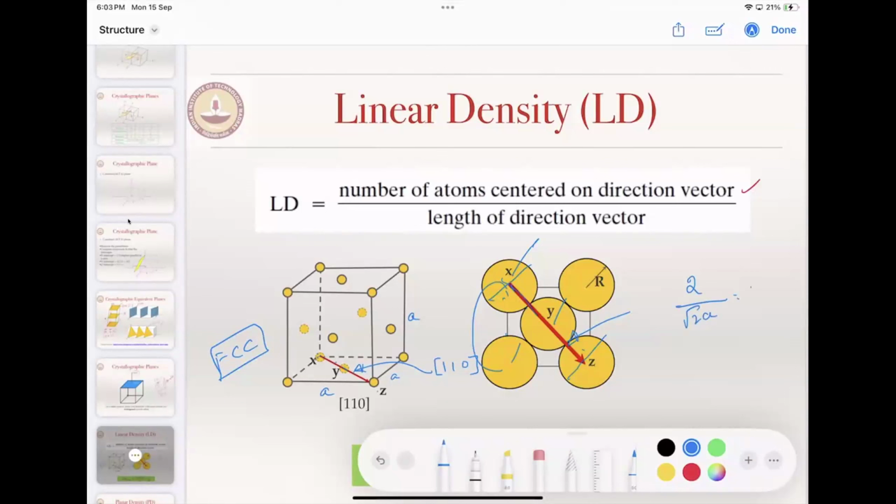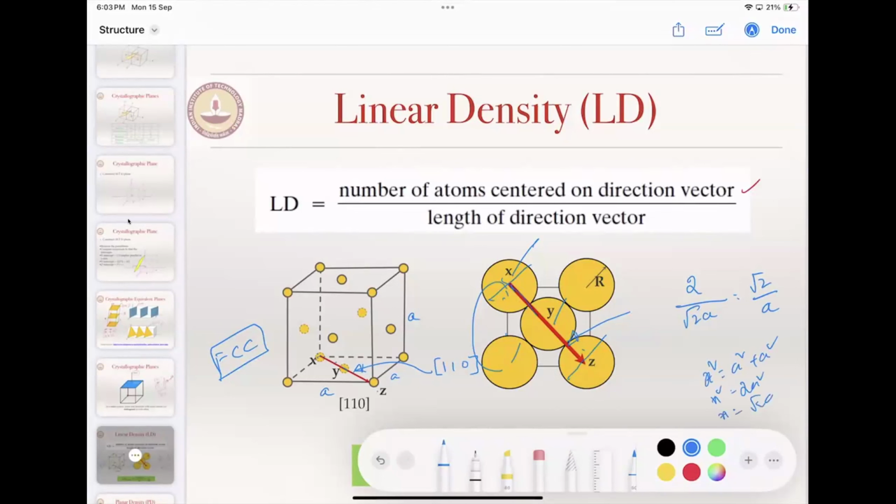So that means the linear density is 2 by root 2 a. The length x: x squared is equal to a squared plus a squared, so 2a squared.